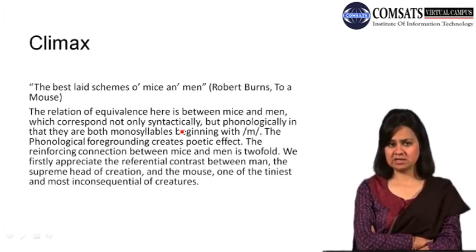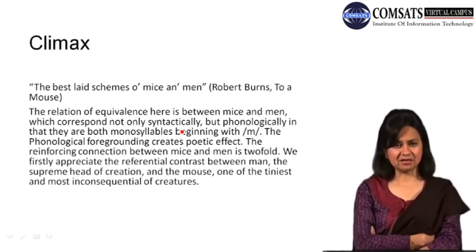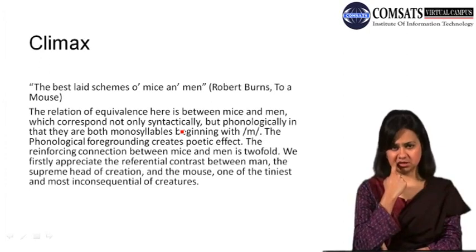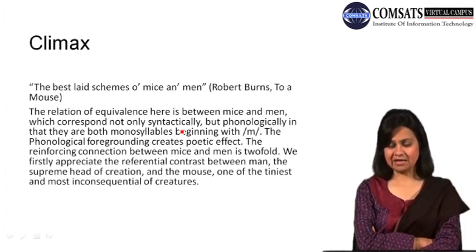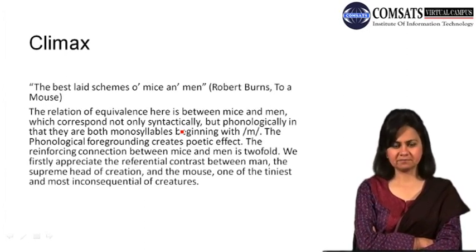Then another equivalence that can be found at the level of idea rather than sound is that both are creations of God, both are living beings. So these are the three levels at which we identify similarity or identity. That is one of the features of parallelism.